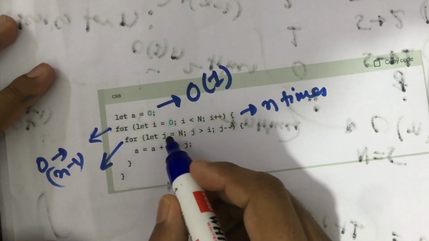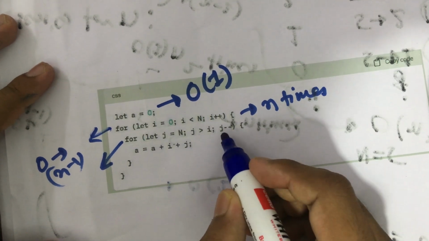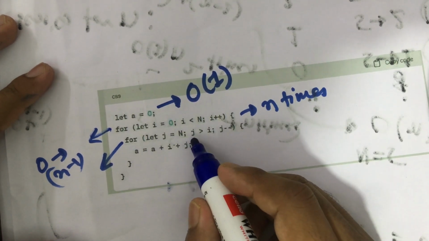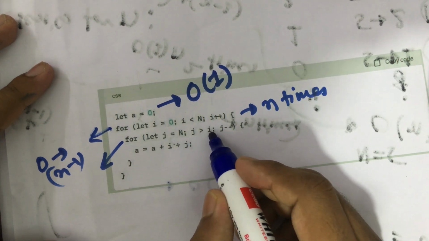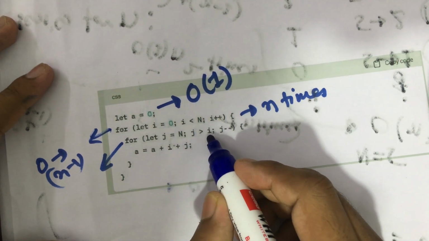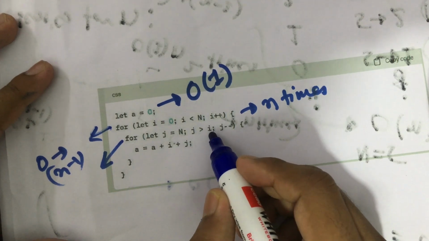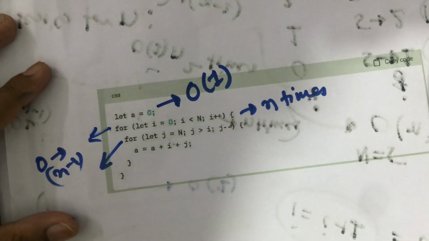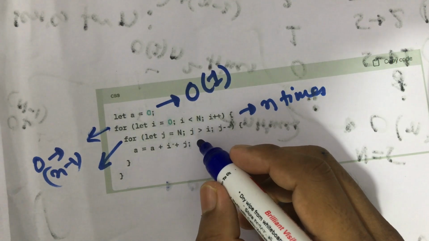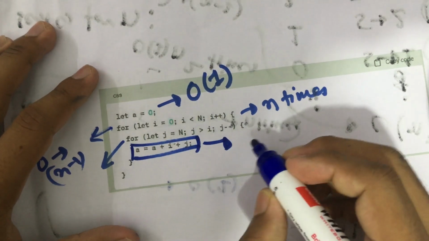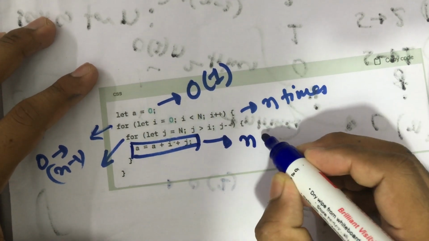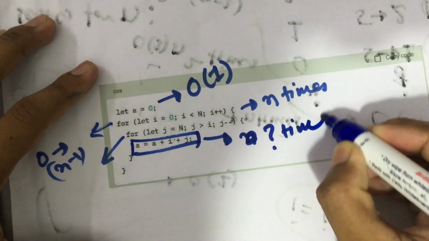The inside for loop starts from n and it decrements, right? And j will always be greater than I. It will never reach I, so I will never be equal to j. Inside this is our statement, inside our for loop. How many times will this execute? That is what we need to find.